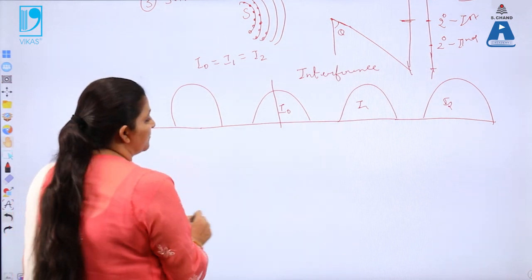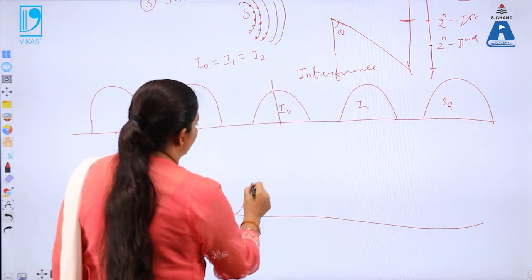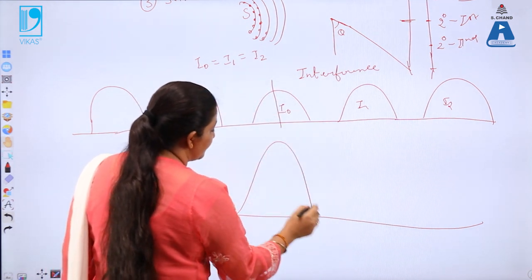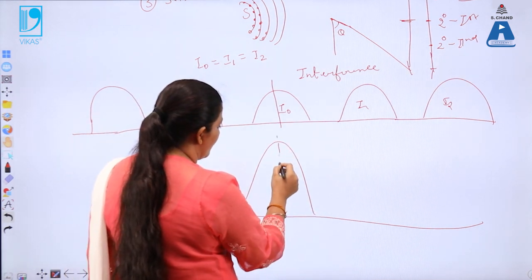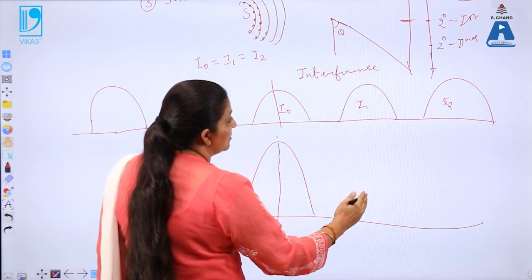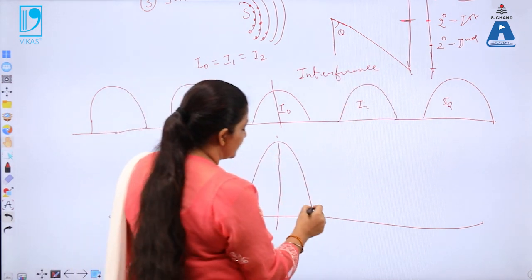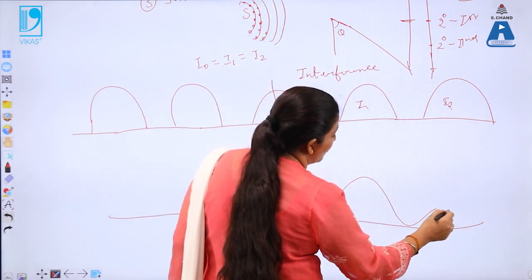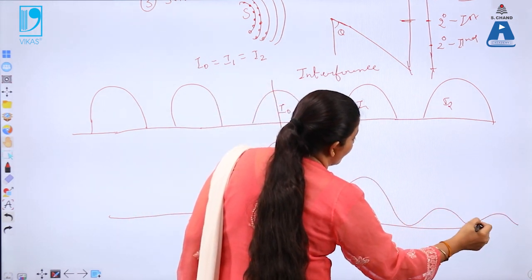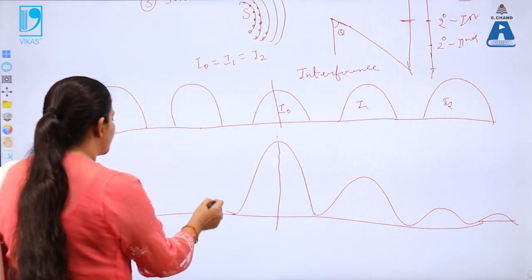Now what kind of pattern is obtained in diffraction? If this is the intensity of the central maxima, then as you move from the center to the secondary maxima and minima, the intensity of the maxima goes on decreasing on both sides.